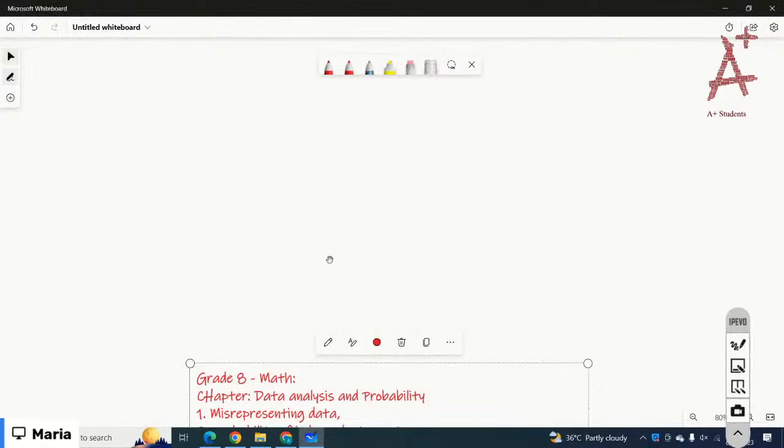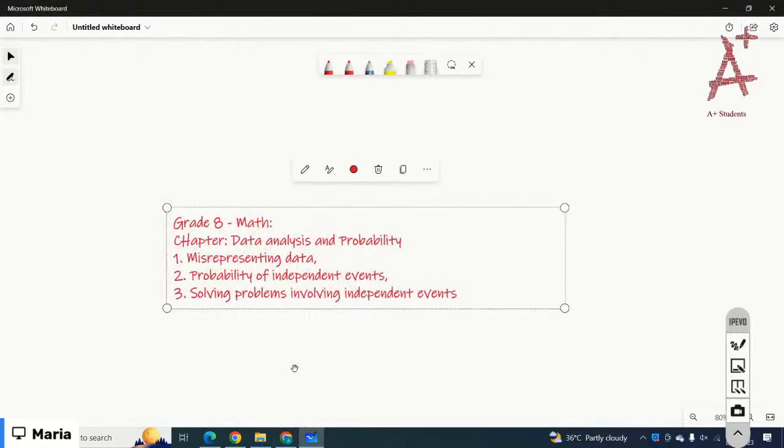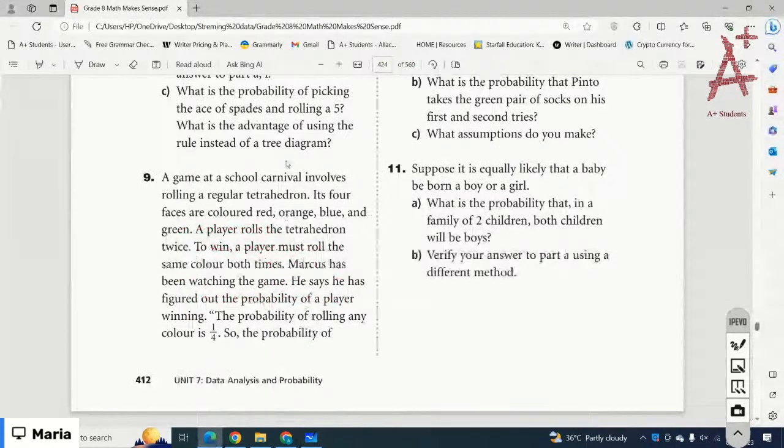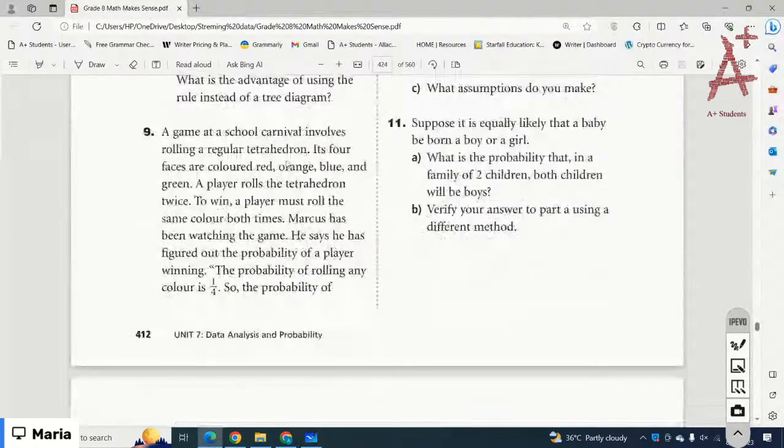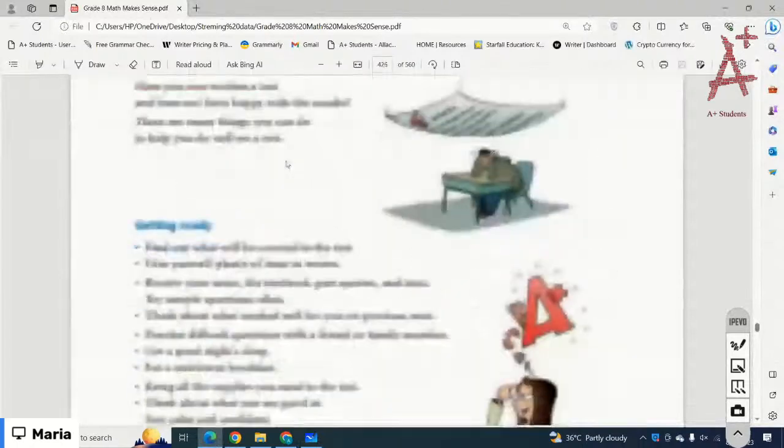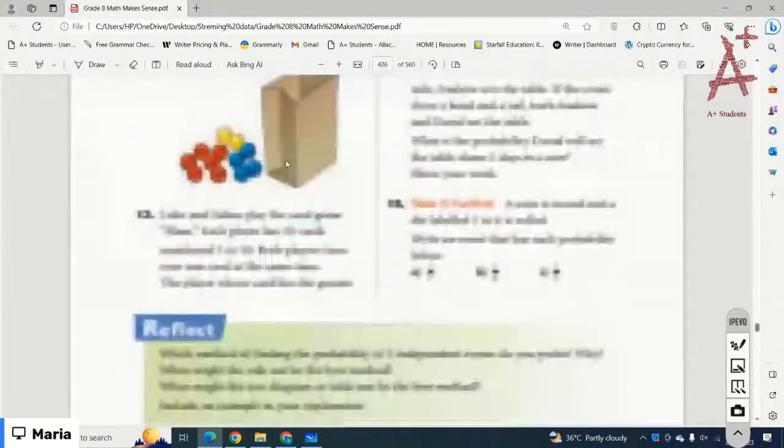It is probability of independent events, right? And we have to start with question 9. We have done till 8. So we have to start with question number 9 in the next session, right?